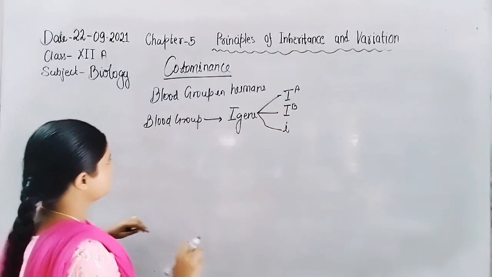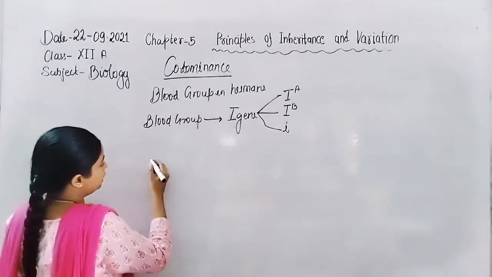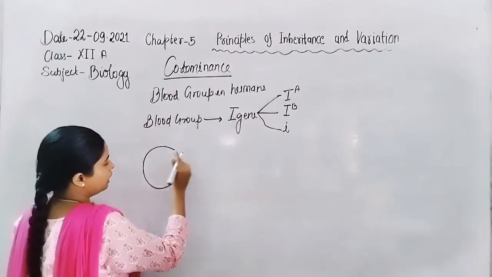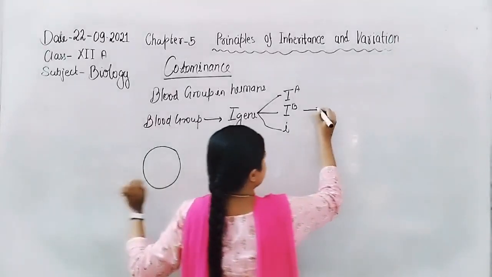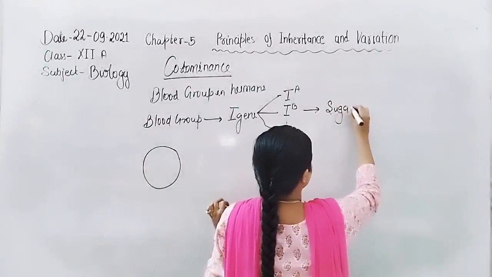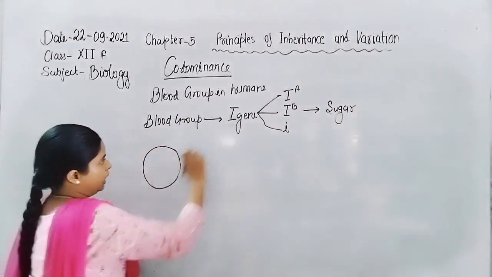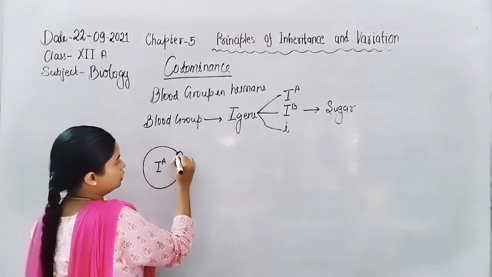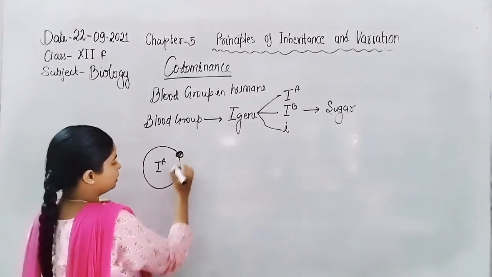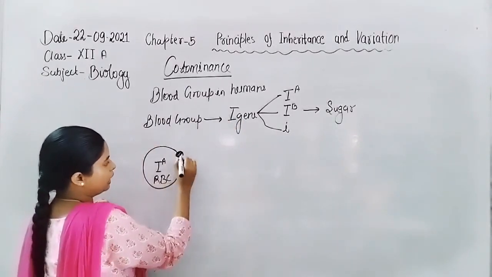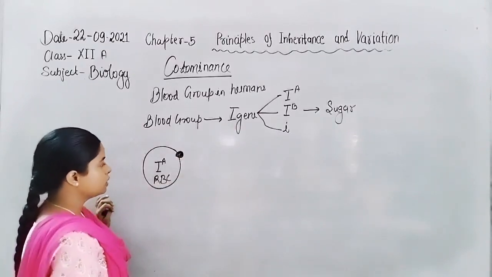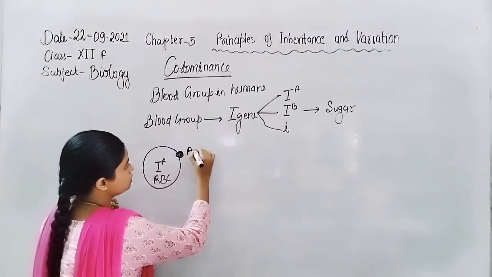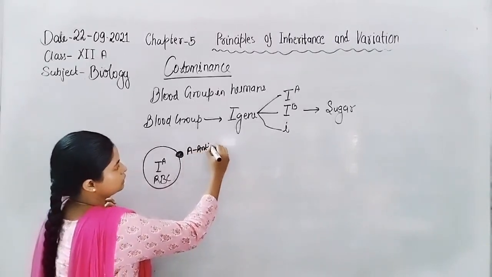Now let us discuss the RBCs. The I gene is responsible for the synthesis of sugar or polysaccharide. If I A is present, the RBC membrane has A type of sugar present as antigen.